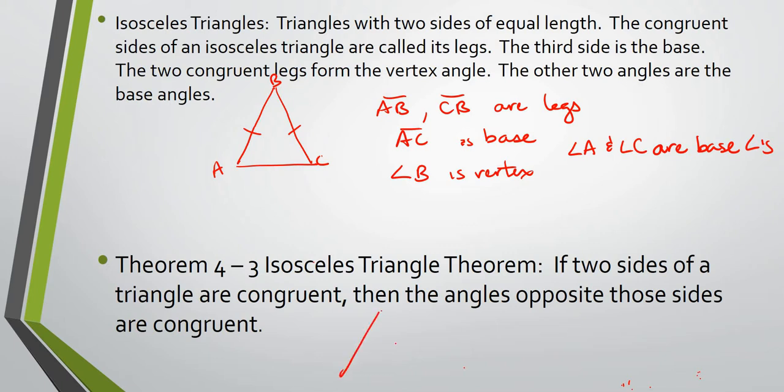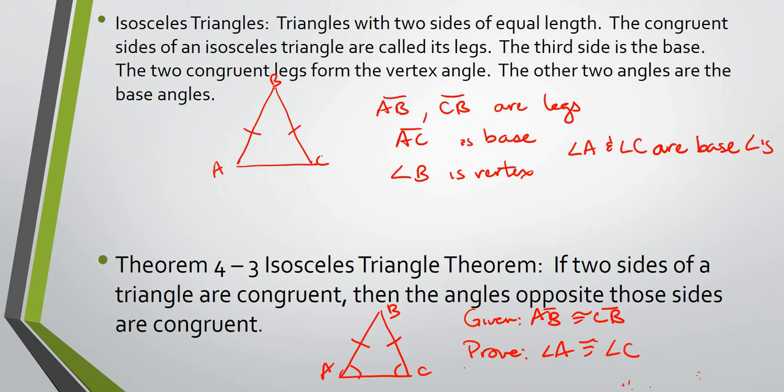So what we're saying is if I don't know anything about this other than that these two sides are congruent, I can then say, given AB is congruent to CB, I can just state that angle A is congruent to angle C by the isosceles triangle theorem. So it's a quick way to find two angles that are congruent.